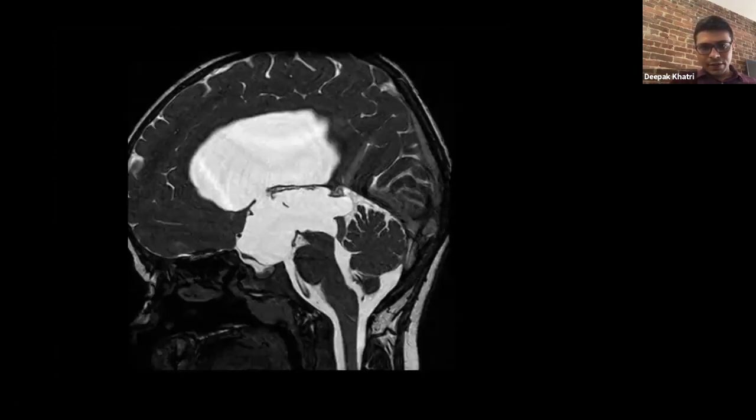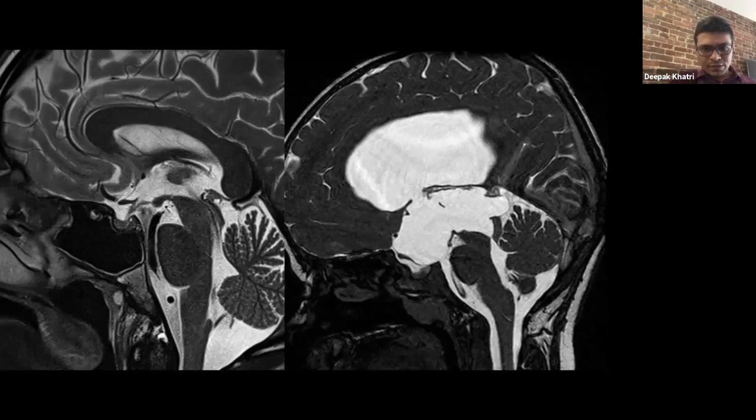So as opposed to the previous image which I had shown to you, this is another cause of an obstructive hydrocephalus. If you are able to appreciate, this small slit-like structure which goes from the third ventricle to the fourth ventricle here is called the cerebral aqueduct, and there is stenosis in that.